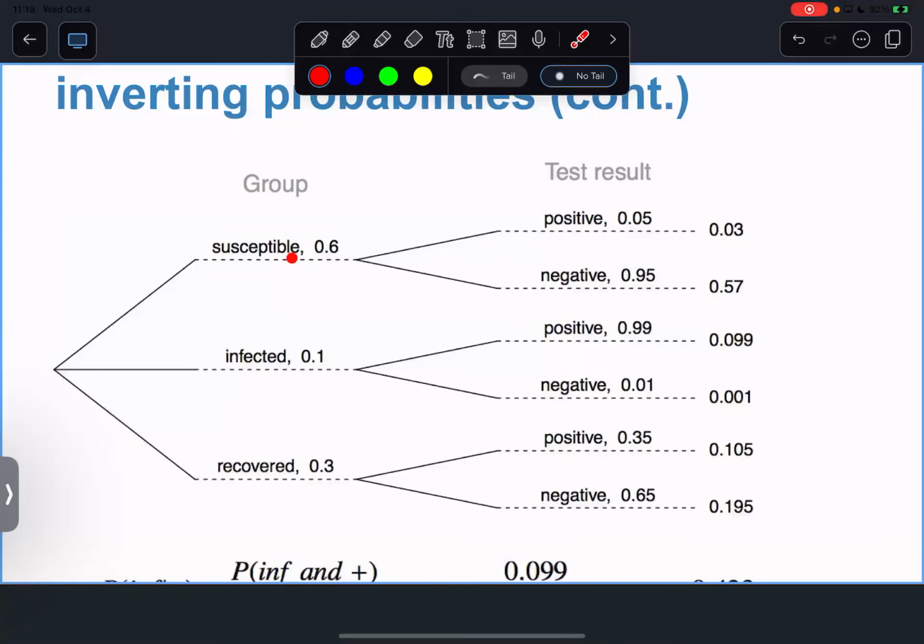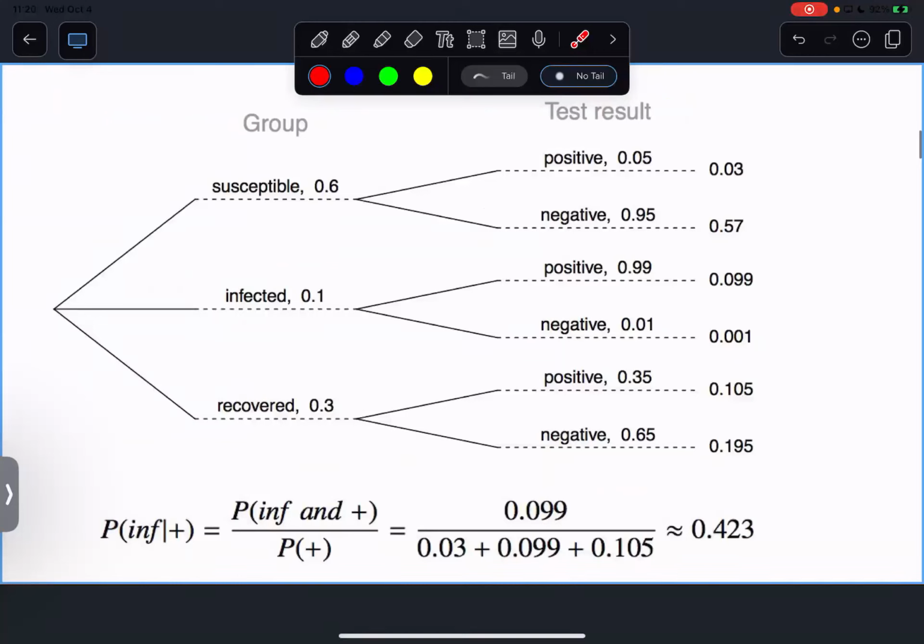So we've got SIR: susceptible was 0.6, infected 0.1, recovered 0.3. Remember, probabilities are always decimals, they're proportions, and whenever you're doing math with probabilities, they have to be in proportions. That's important. Then, keeping track of what accurate meant, whether accurate means positive or negative, we can break it up.